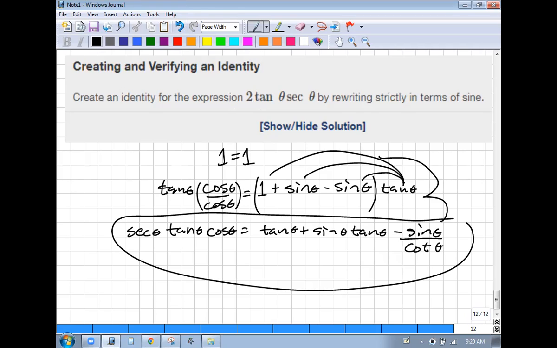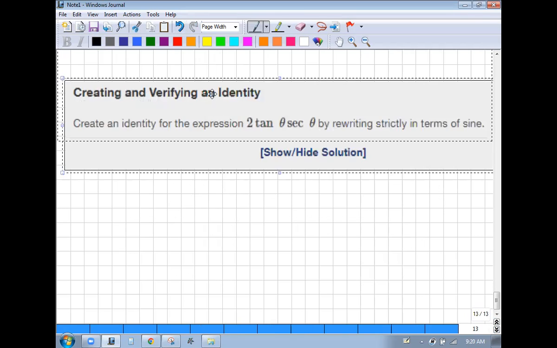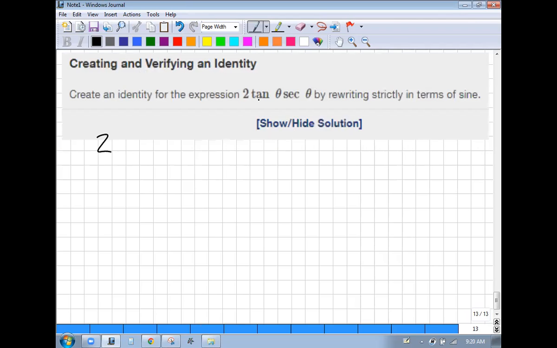So let's look at this. They want this all in terms of sine, right? Okay, well, tangent theta is sine over cosine, and then secant theta is 1 over cosine, right? So I have 2 sine theta over cosine squared. Well, they want everything in terms of only sine.